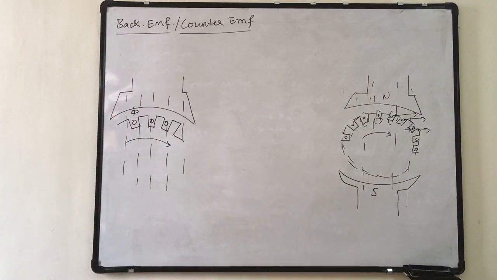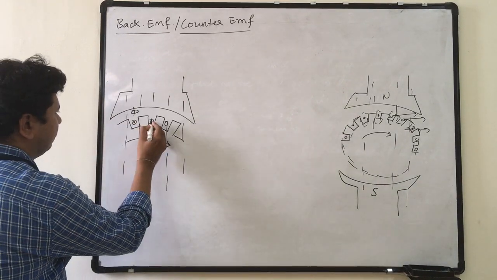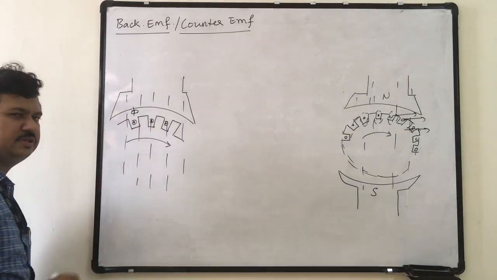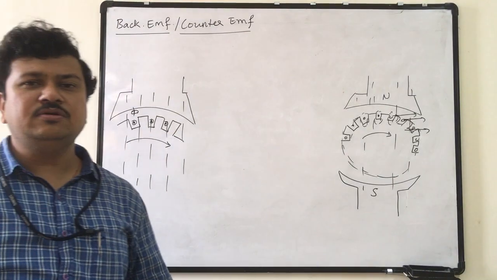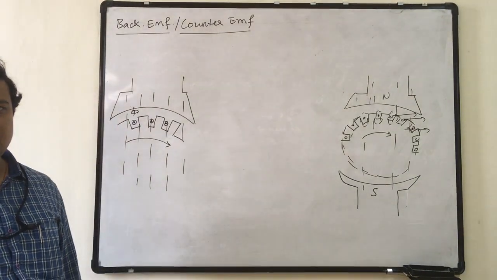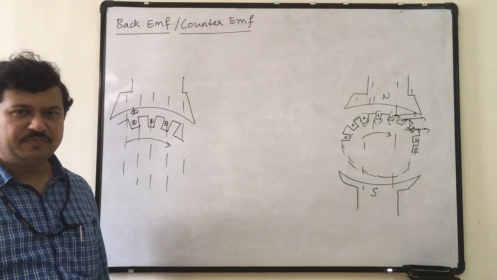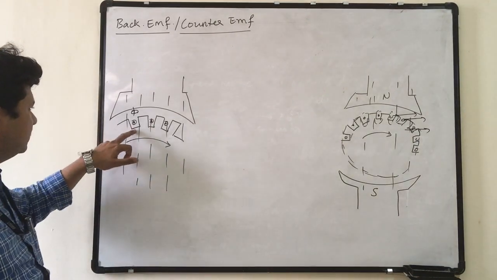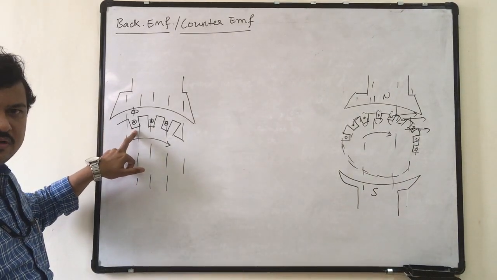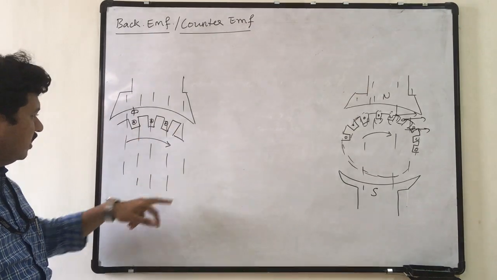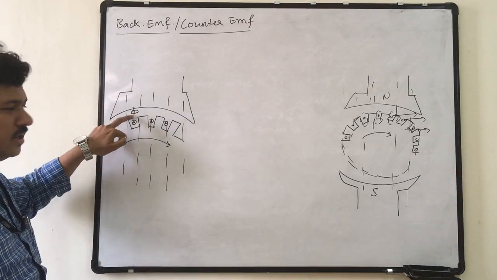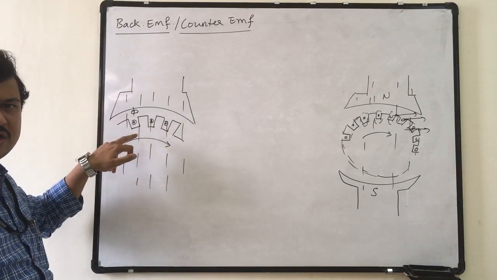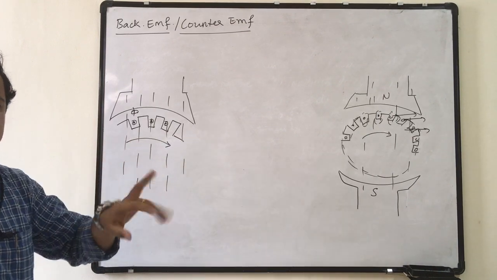Similarly in these conductors also an EMF is induced, and any induced EMF, as per Lenz's law, has to oppose its cause. What is the cause for producing this EMF? The rotation. What is the cause for rotation? Current in the conductor. What is the cause for current in the conductor? Supply voltage.